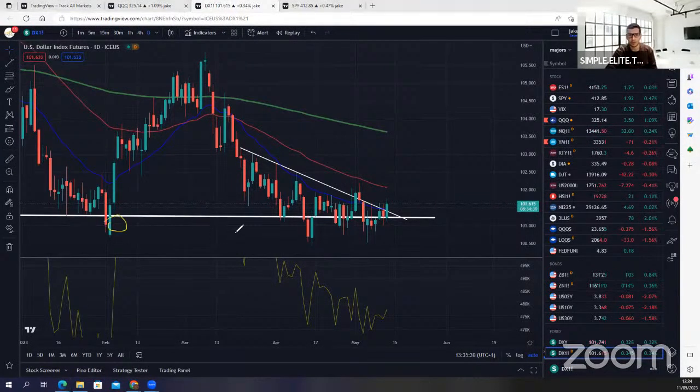We saw a few times bouncing on this level 101, and now we said on Tuesday we want to see price get above 101.50, which it already is, because now it is 101.60. So it's breaking the trend line, rejecting the support level, which is this one. I think we're going to see some upside of the dollar. That's why euro is on top of my list, and pound as well against the dollar.